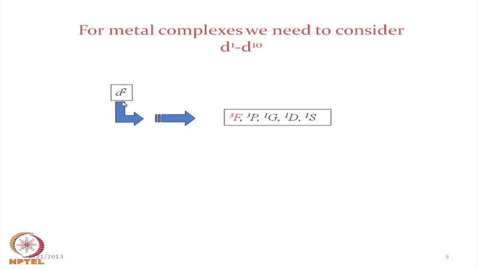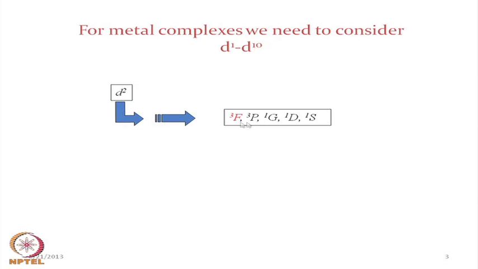So, if we have d2, the d electrons have ml values up to 2. So, we can have the combinations of these, and there we get up to the G level also. So, S, P, D, F and G; we can find all these values for a d2 electron configuration.